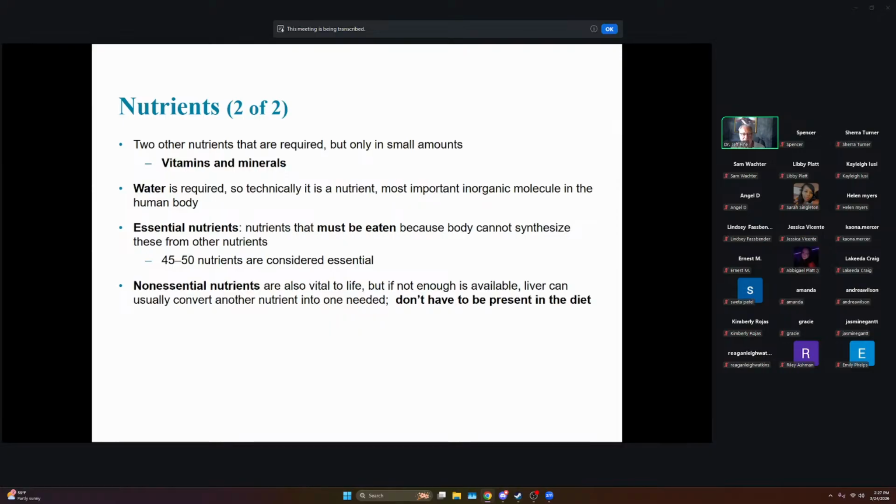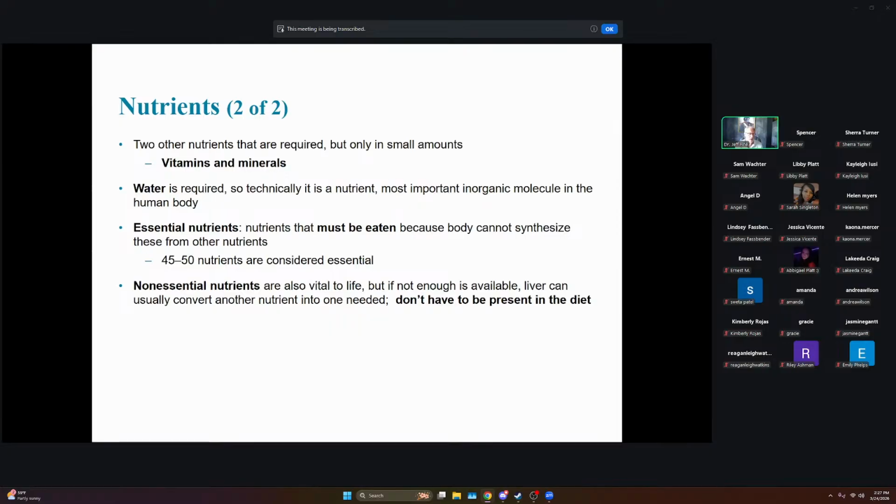Non-essential nutrients then are very vital to our existence and to cellular performance and function. However, if we run short on a non-essential nutrient, our body, and usually it's our liver, can convert one type of a nutrient that we have a surplus of into a nutrient that we have a need for, okay?